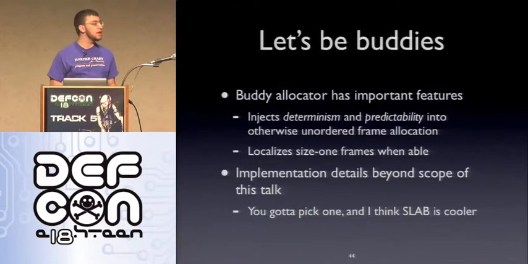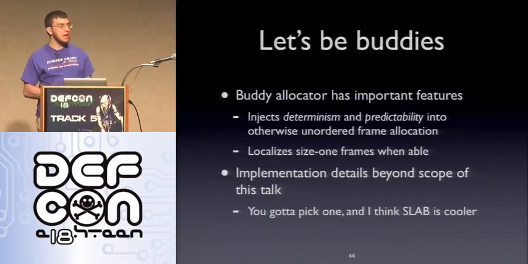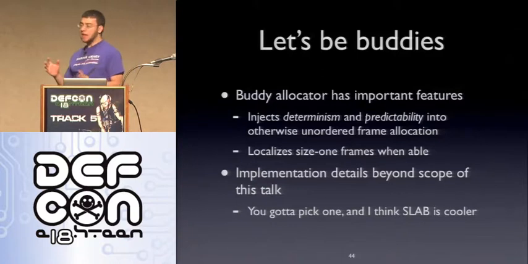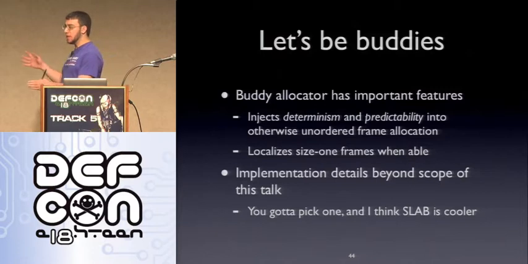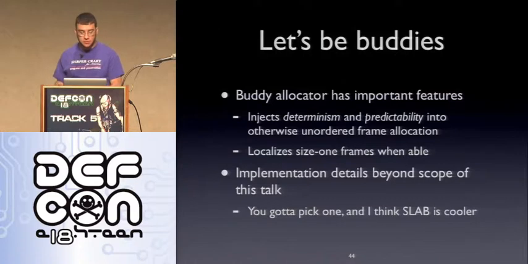We'd really have no way to determine what frames are going to be next. The reason it does this is it can allocate groups of frames of different sizes. And when it's able, it'll try and put a bunch of one-off frames together so that it leaves as much memory wide open for big groups as possible.